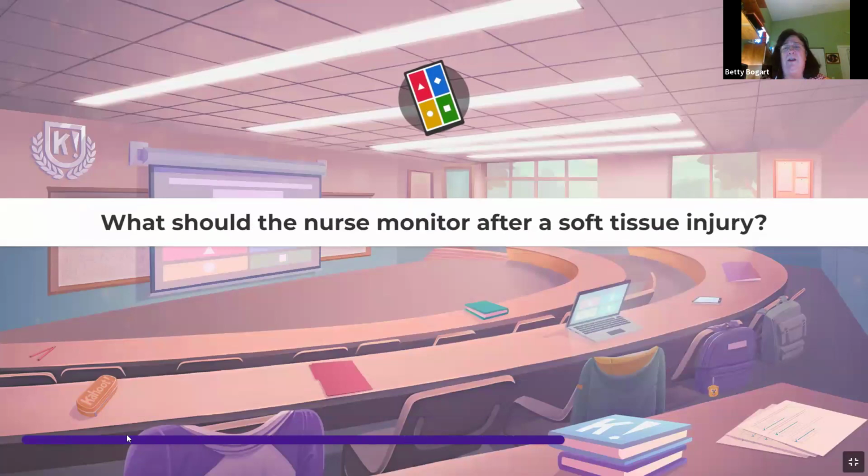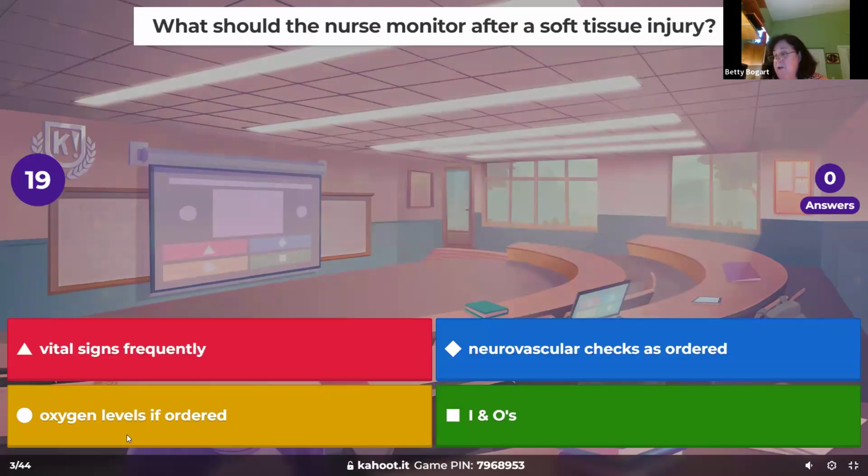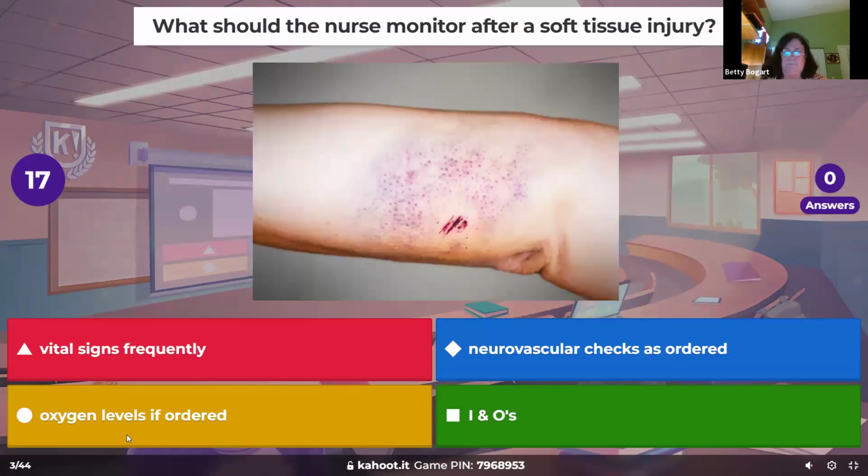What should the nurse monitor after a soft tissue injury? I mean, soft tissue, you're talking ecchymosis, right? You're talking swelling, inflammation. What's your biggest concern? And it's usually distally that we talk about it.